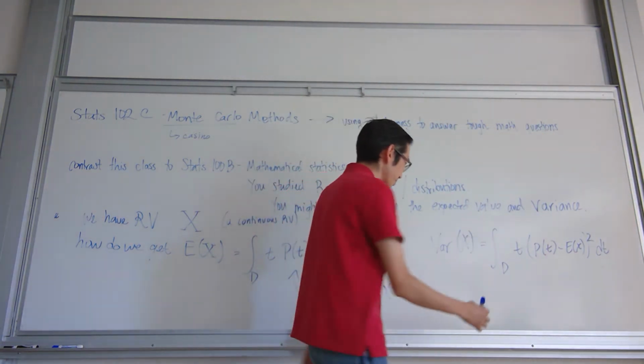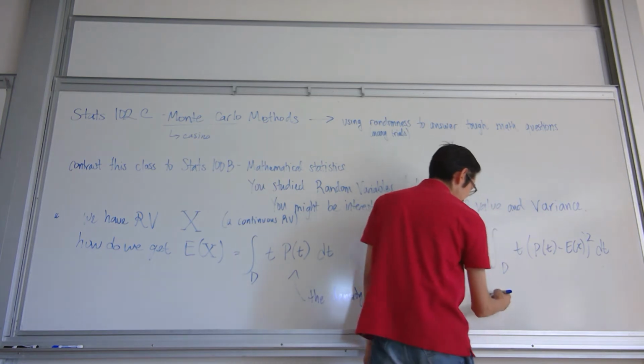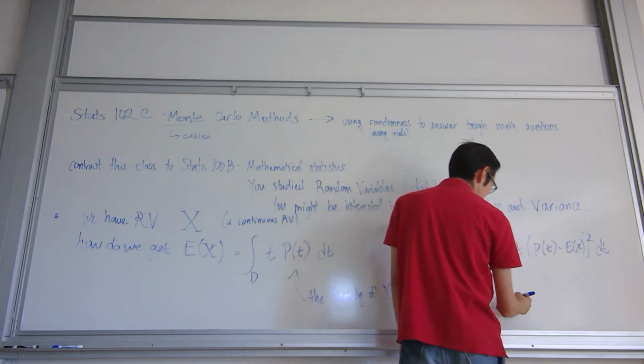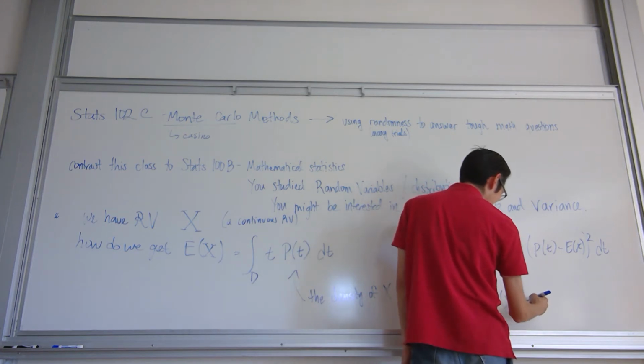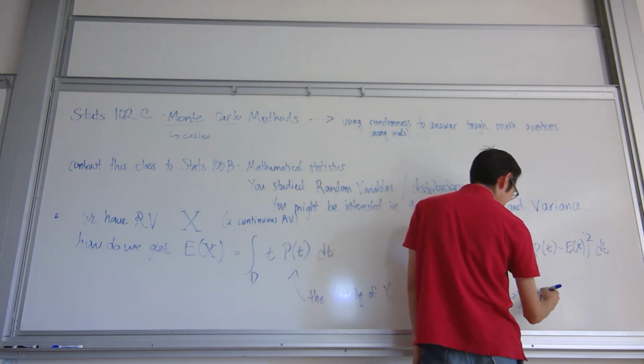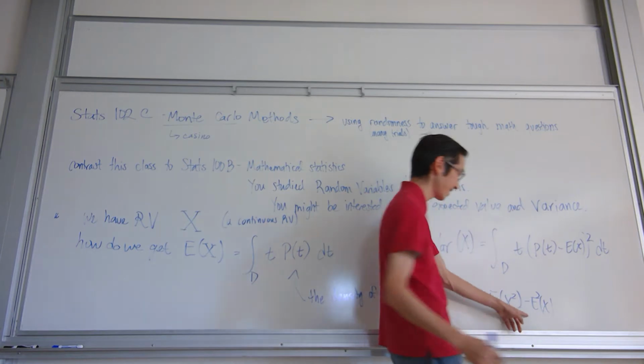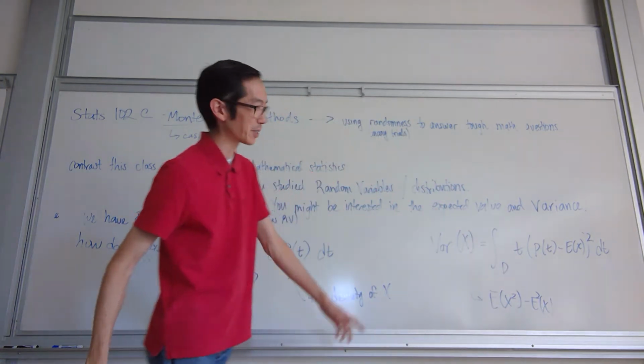Which then simplifies to the expected value of, wait, is it x squared minus? Is it this, or is it the other way? Yeah, it's this. Okay.